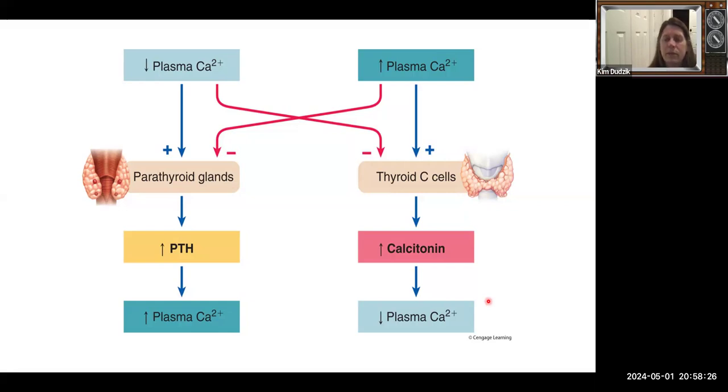So again, calcitonin mostly in extreme cases, parathyroid hormone in the normal situation. Again, this is a really simplified flow chart. I went through a lot of things of how parathyroid hormone raises plasma calcium and how calcitonin decreases plasma calcium. You guys need to be able to know that and talk about that. Okay.